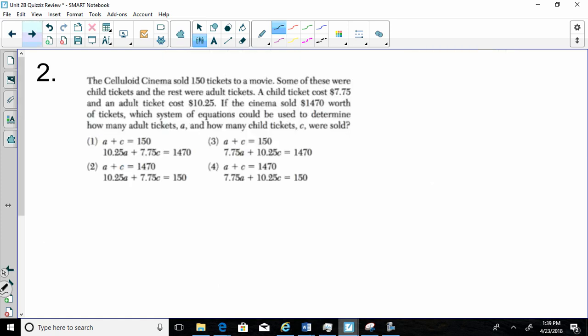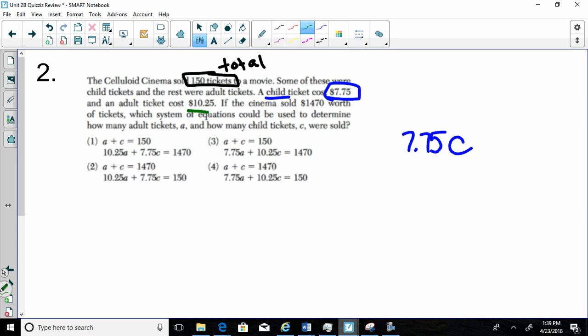All right. Next one, they're talking about a cinema that sold 150 tickets to a movie. So that's my total tickets, right? Some of these were child tickets and the rest were adults. A child ticket costs how much? $7.75. So we can say $7.75 will go with what letter? C. And an adult ticket is $10.25. What letter would go with $10.25?